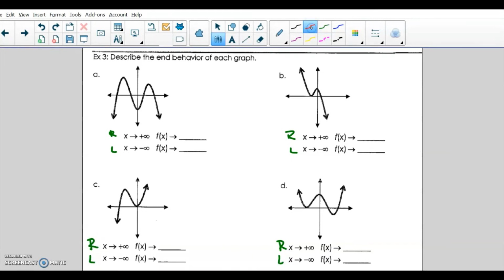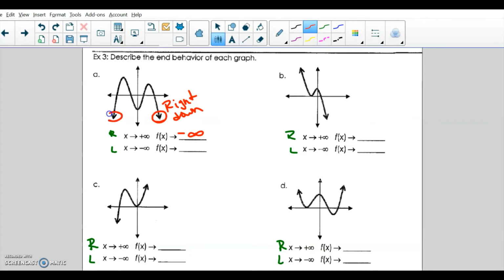Okay, let's go through. This is our right side, which is going down. When the right side is going down, it's going to negative infinity. Anything that's going down is going to negative infinity.